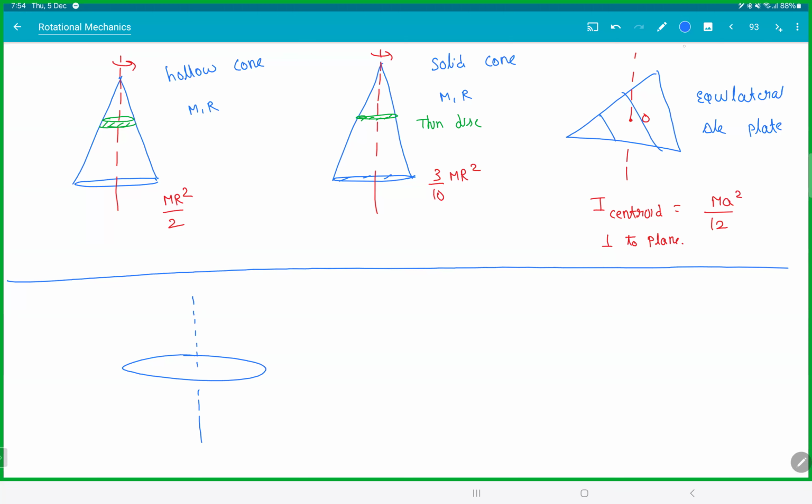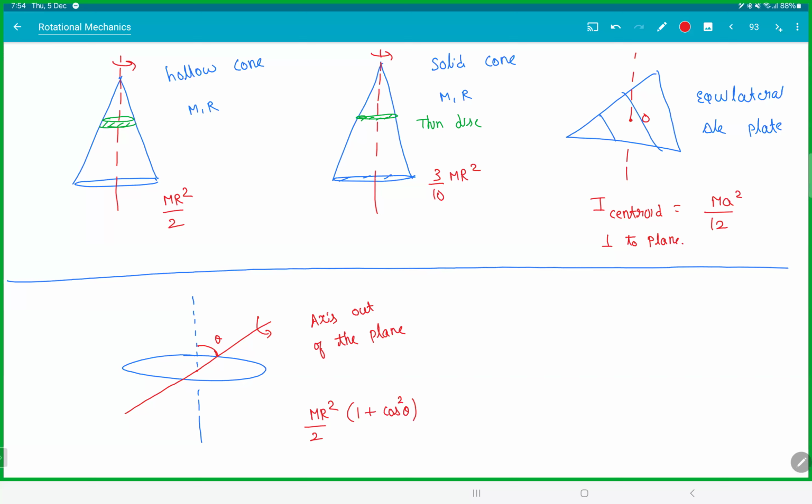Suppose this is an axis perpendicular to the plane, and let's say we have an axis like this. This is an axis out of the plane, making an angle theta. This is not in the plane. This is mr square by 2, 1 plus cos square theta.